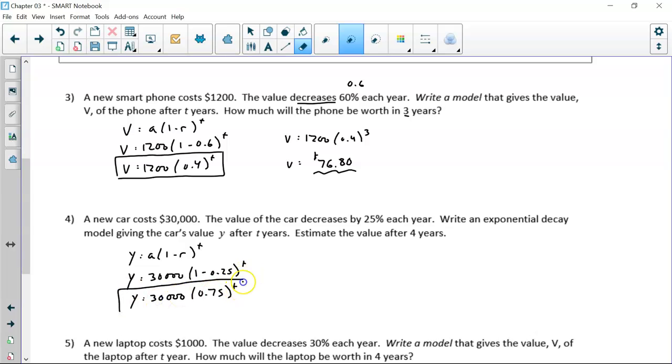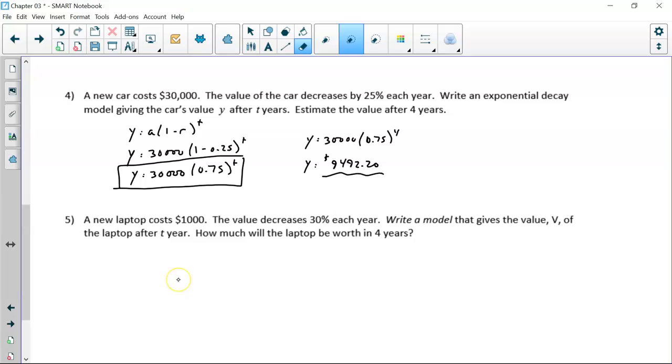That's our decay model. Now we can use that for any number of years. Now for 4 years, 30,000 times 0.75 to the fourth. So about $9,492.20 is what that value would be after 4 years.